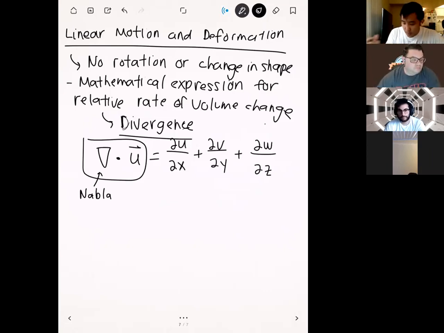And then we take the z derivative of the z component of velocity. Okay? So du dx plus dv dy plus dw dz. Right. And so this is going to be important later because we're going to form basically conservation of mass with derivatives.